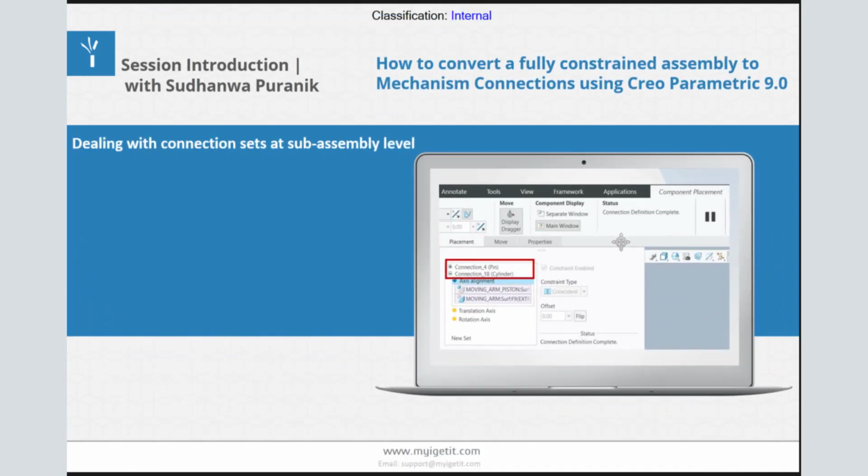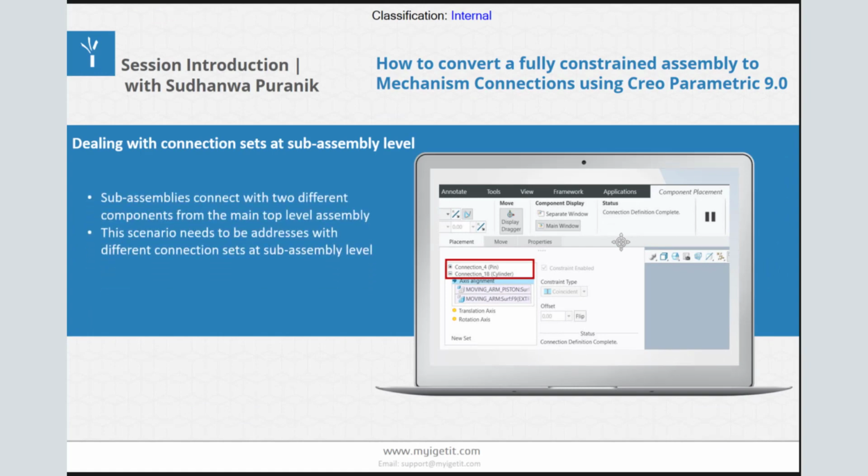Then further, the sub-assemblies connect with two different components from the main top level assembly. In this scenario, we need to address this by dealing with different connection sets at a sub-assembly level.